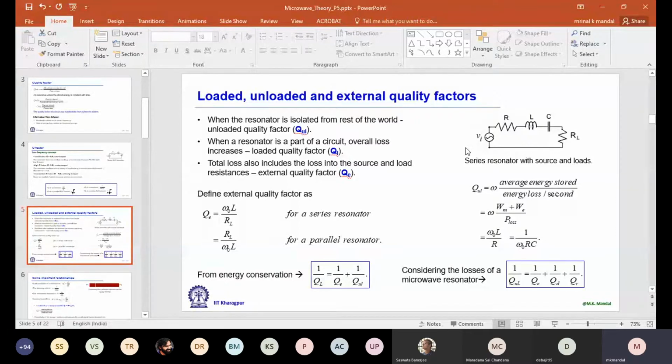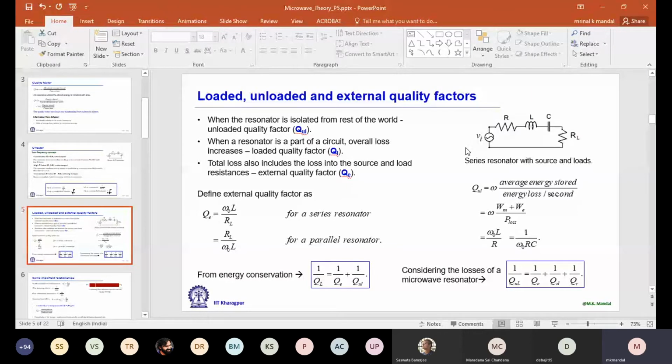Ideal voltage source means its internal resistance is 0, so no power is lost in the source. Then when I connect the circuit, the power is lost in RL. So now we have one more additional source of loss, RL. Now if I calculate the overall quality factor, where instead of R we take R plus RL, we call it loaded quality factor, QL.